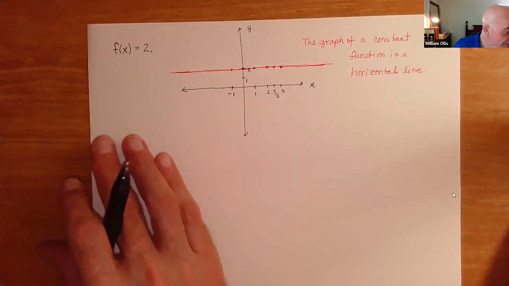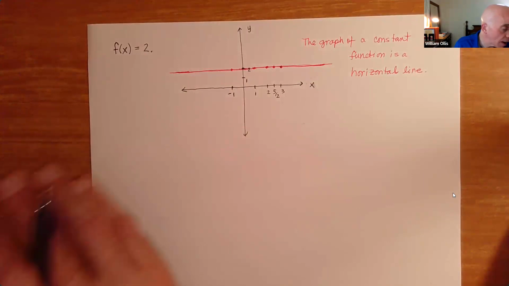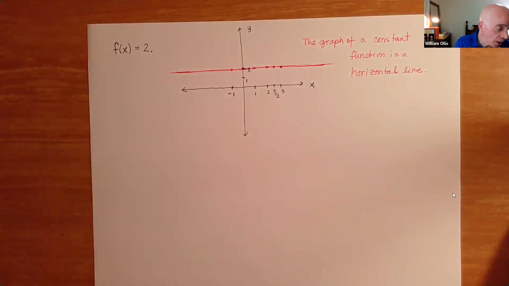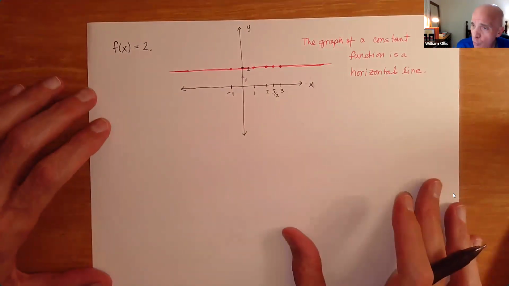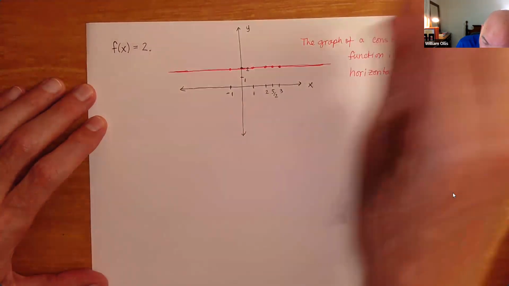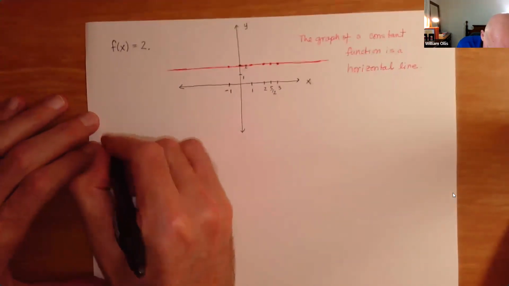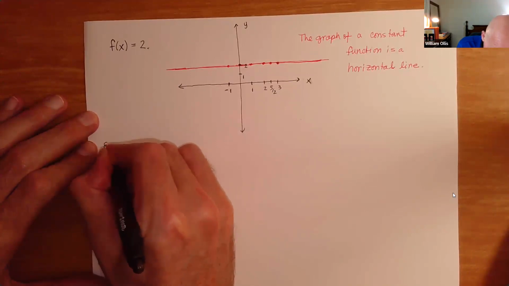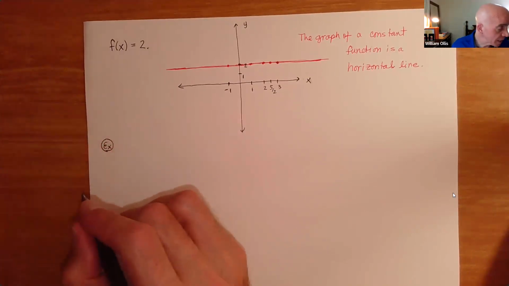Now, one thing that you think about, aside from domain and range, will be some algebra functions. But before we start talking about that, let's just look at some more examples. So here's another example. And this will use some of our inequalities.